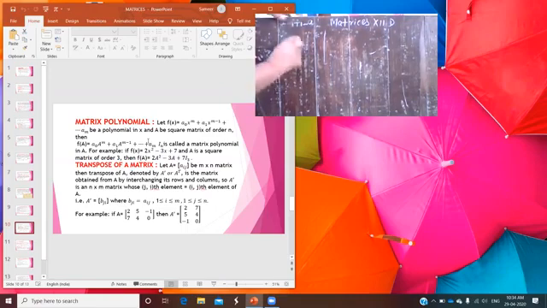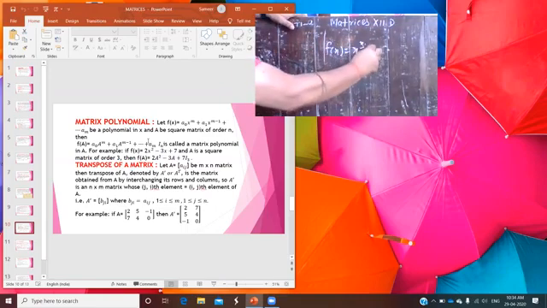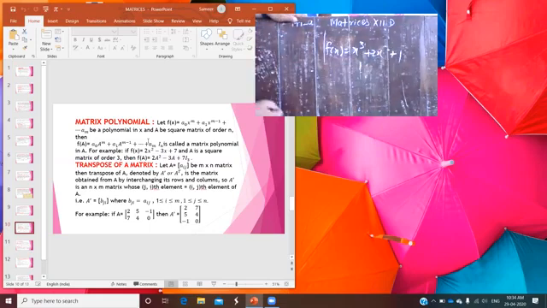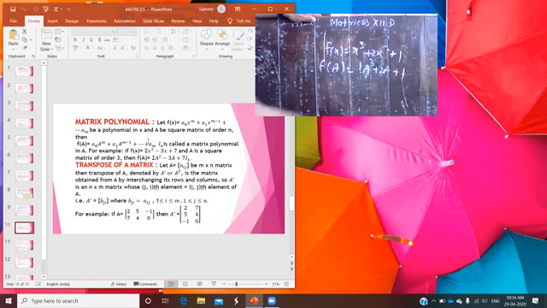For example, suppose you have a cubic polynomial like x^3 + 2x + 1, and you want to find the matrix polynomial f(A). No doubt you can write A^3 + 2A + 1, and here the square matrix A is already defined.